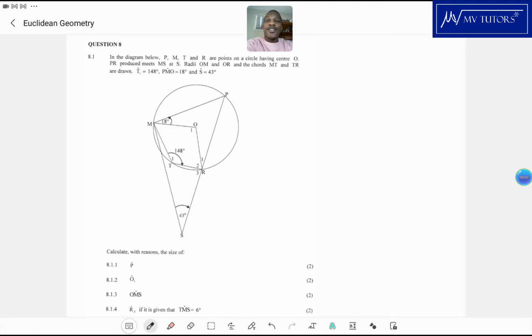So today we are doing my favorite topic in mathematics, Euclidean geometry, as you can see from this past question paper. Yes, I like to start my sessions with a vision in mind. And what is a vision, I hear you asking? It's just basically a past paper that we are working towards.